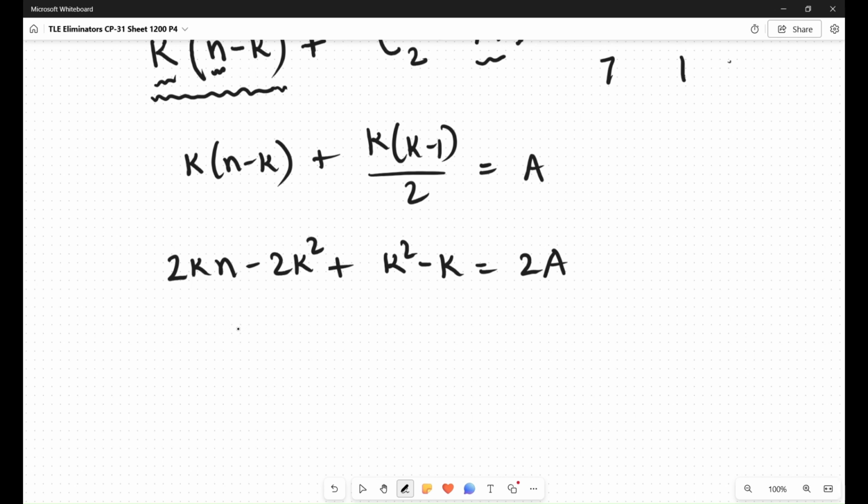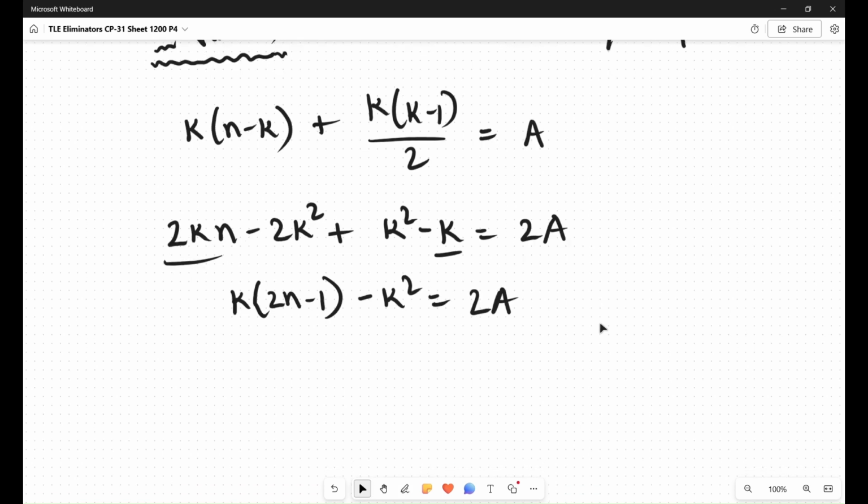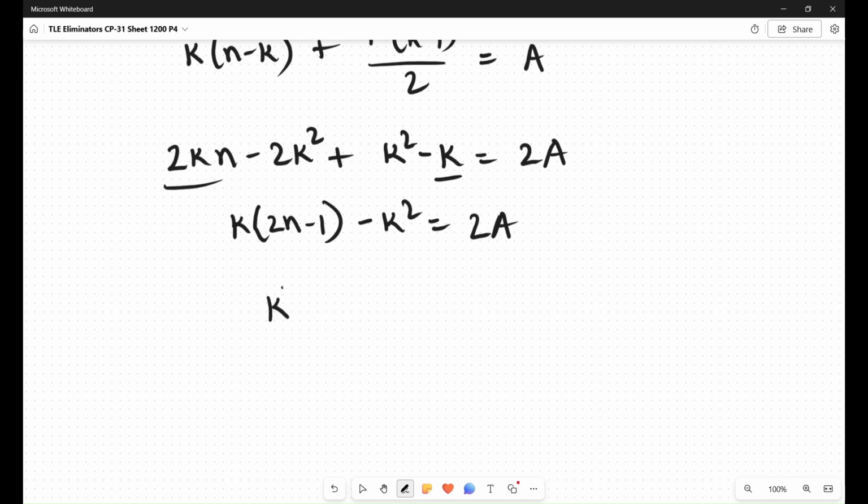Here it will be k into 2n minus 1, grouping these two terms, then minus k square is equal to 2a. Then it will be k square minus 2n minus 1 into k plus 2a is equal to 0.